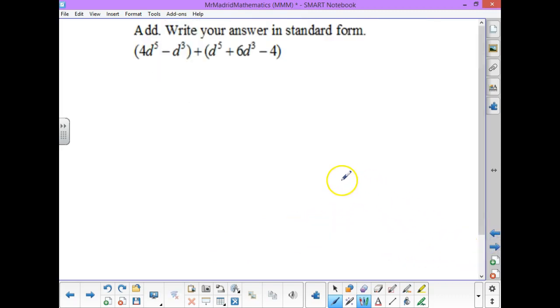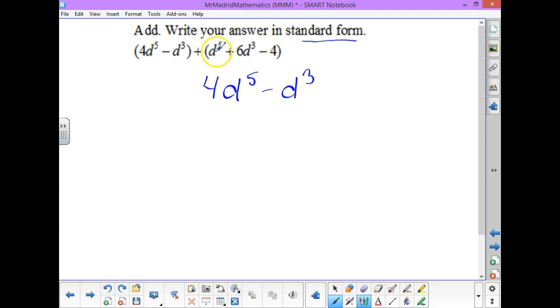Write your answer in standard form. Remember standard form, we've just looked at it. You want to have the highest exponent listed first and then in decreasing order. So to add these, what you want to do is organize each unit. Let's rewrite this vertically. Here's a suggestion. It makes the math a lot neater, cleaner, and it helps avoid mistakes.